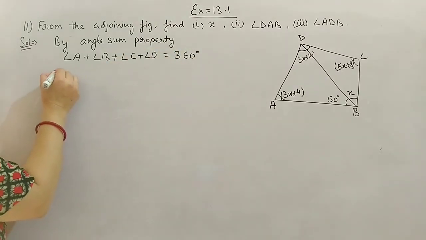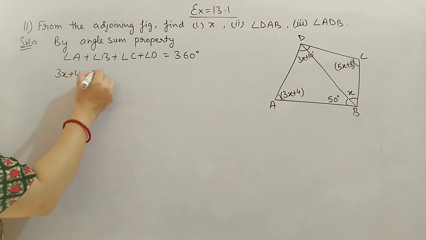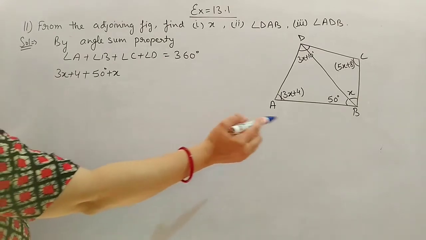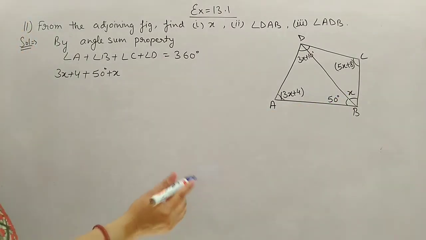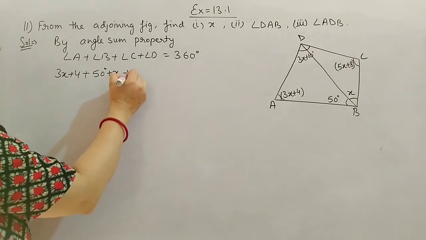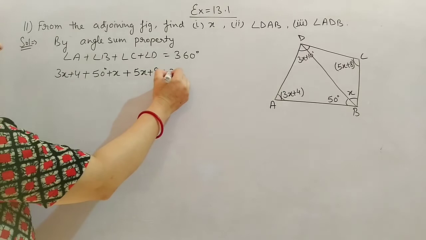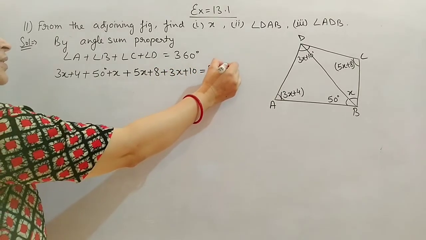A is given 3x plus 4, B is 50 plus x, because till here it is 50 degrees and after that it is x, so the total angle will be 50 plus x. And C is 5x plus 8 and D is 3x plus 10, equal to 360 degrees.